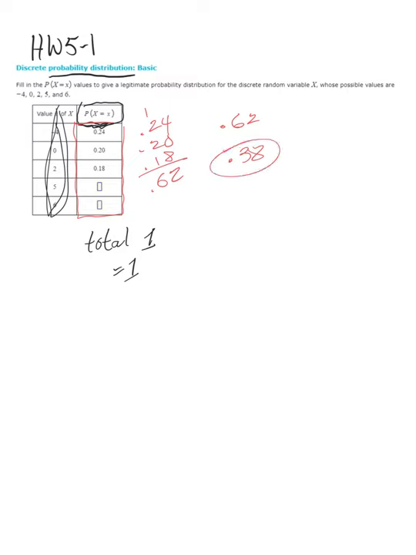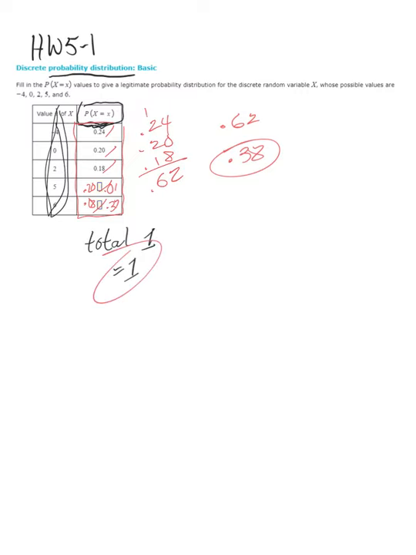So these two values right here have to equal 38. So you can make that happen any way you want to. You could have this one be 0.01 and this one 0.37. You could have this one be 0.20 and this one 0.18, whatever, okay? But as long as when I add up all 5 of these, it equals 1. That's how you're going to get this right.